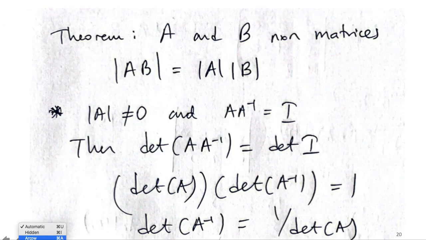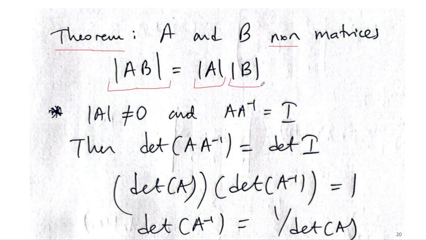We have some more properties and results about the determinants of matrices. Here is another one. Basically, if we have A and B, both of them n by n matrices, then the determinant of A times B equals the multiplication of the determinant of A and the determinant of B. Okay, and another remark here.